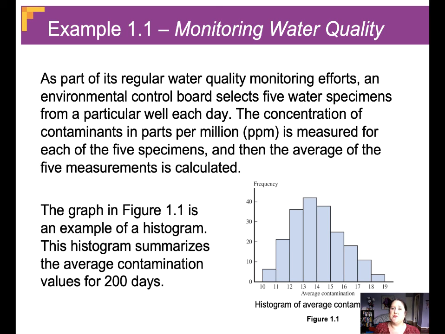And that's going to provide the logic for a lot of what we do in this class. We collect data from a sample. We know what the population should be. And if we get a value that's very different from that, then we'll know that there's probably something else going on.